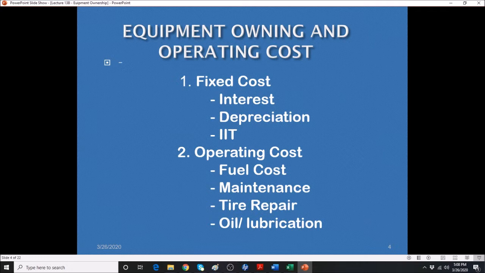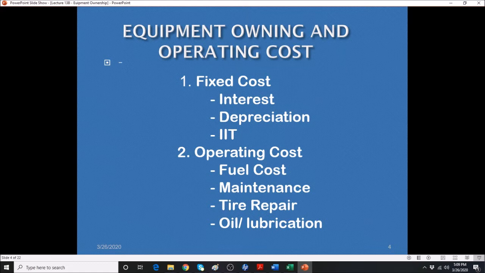If you're going to own a particular equipment, these are the costs associated with it. The fixed costs include interest, which is incurred when you borrow money to buy a particular equipment. It's not wise to fully pay for an equipment in cash because you may use the money to rotate and acquire additional projects for your company.